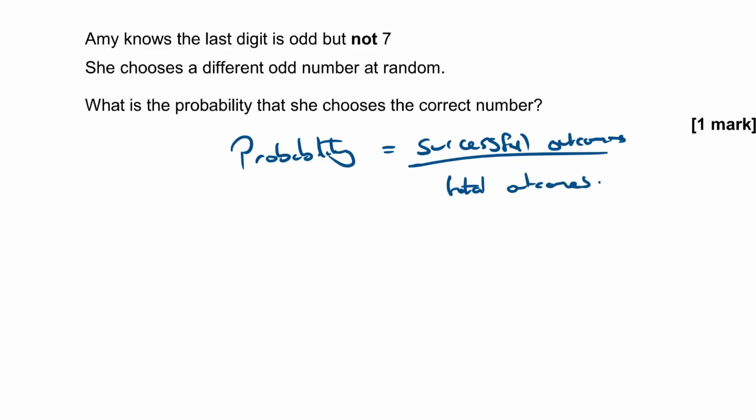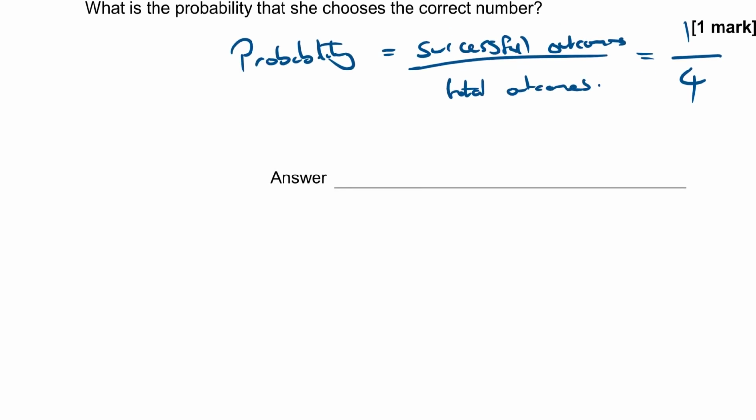Now, in this case, she knows that the last digit is an odd number. The odd numbers are 1, 3, 5, 7, 9. But she already knows it's not a 7, so she's not going to randomly pick 7. So she's going to randomly pick from 1, 3, 5, and 9. So she's got 4 possible outcomes, only one of which is going to unlock the door. So her probability of success is 1 out of 4. 1/4.